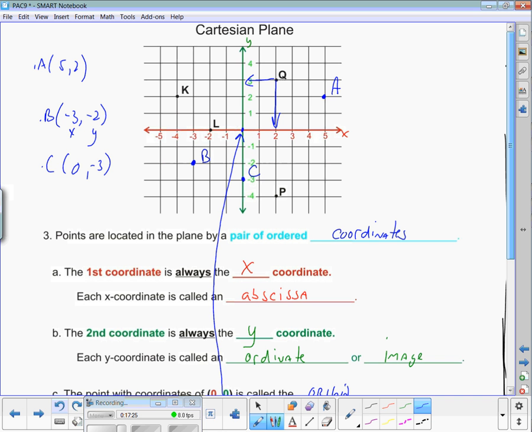We said coordinates are an ordered set of pairs. We also said that the axes divide the plane into 4 quadrants. Quad 1, upper right, Roman numerals. Quad 2, upper left, Roman numerals. Quad 3, lower left, Roman numerals. And quad 4, lower right, Roman numerals, right?